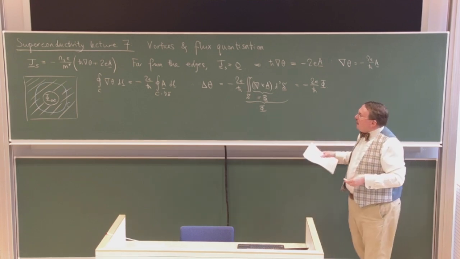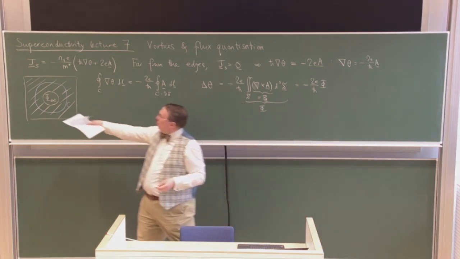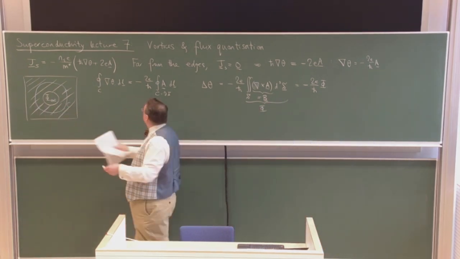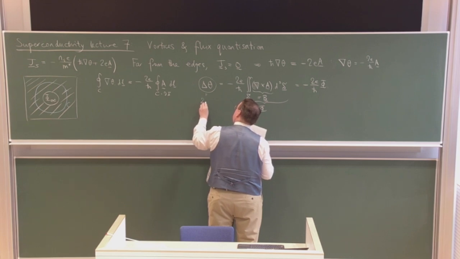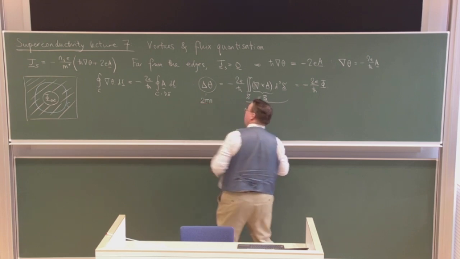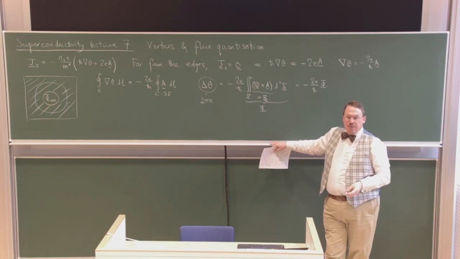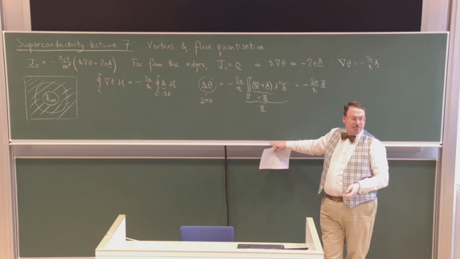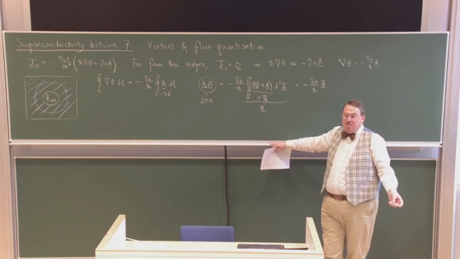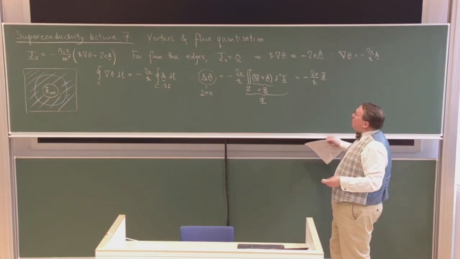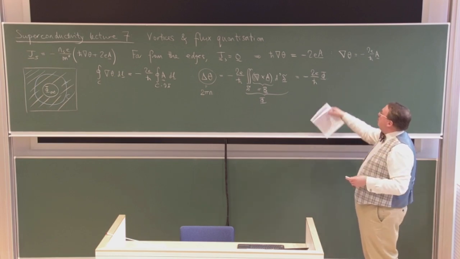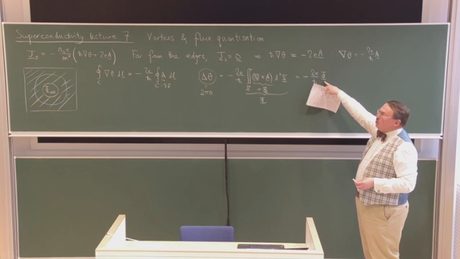And so it can't be the case that small changes in this flux produce small changes in delta theta, because delta theta has to be 2 pi times an integer for the order parameter to be single valued. We built the whole theory on the idea that the order parameter is single valued. Otherwise, what do I mean when I say theta at r? So what that tells me is that this flux over here is quantized.